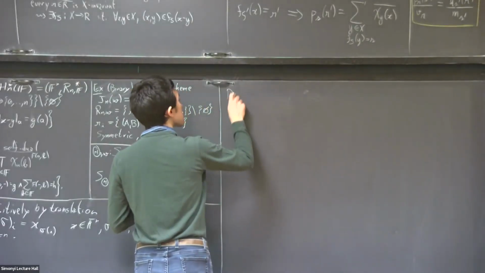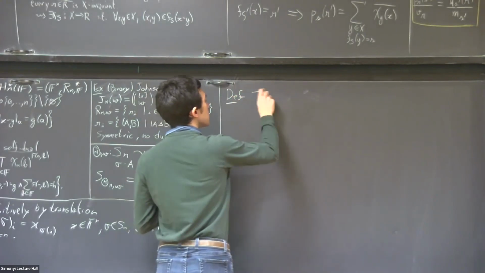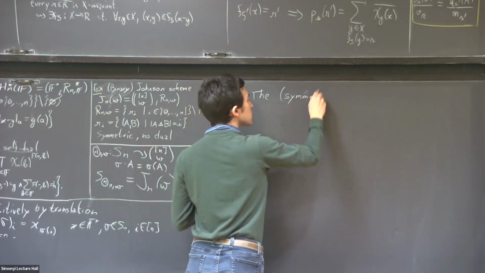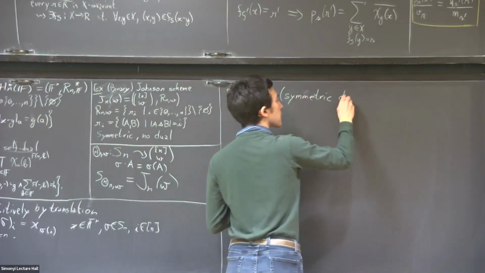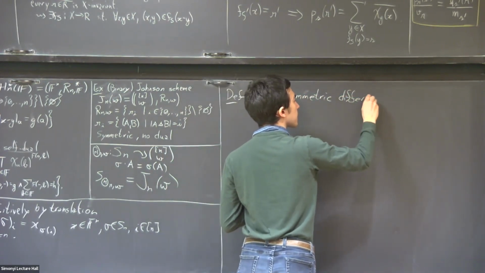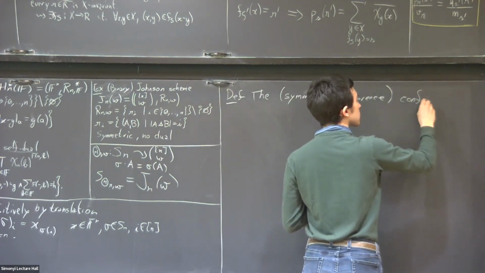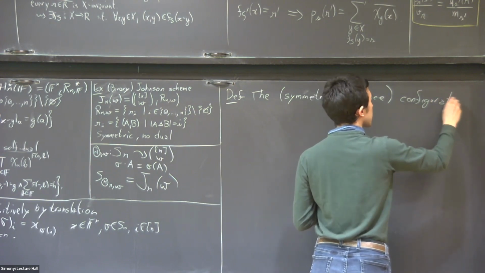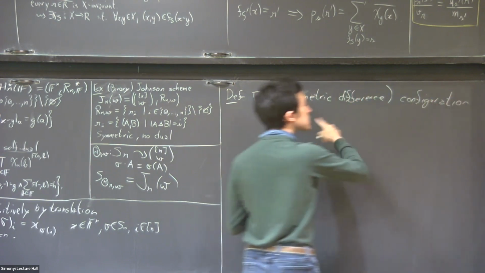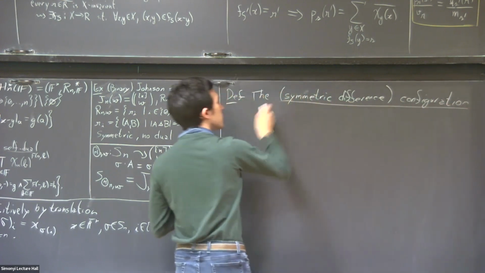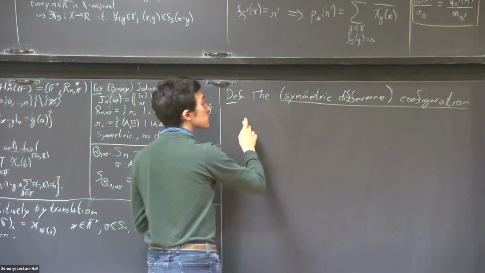We're going to define the symmetric difference configuration. I'm putting symmetric difference in parentheses because I'll just be calling these configurations, but there will be another kind of configuration as well.